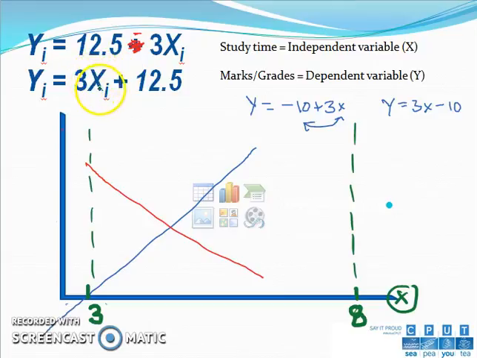So I cannot make a prediction where this x is 2 and believe that the y value I obtain is going to be correct, because that would be extrapolation, because 2 is under 3. Similarly, on the higher side as well, I cannot make a prediction where this x value is higher than 8, if this, for example, was the range of my independent variable.